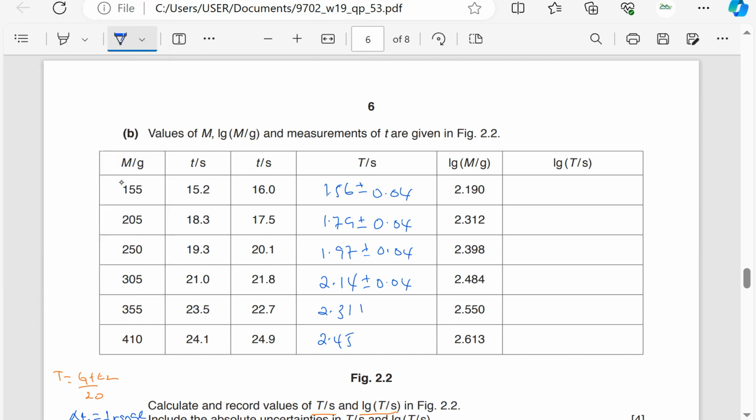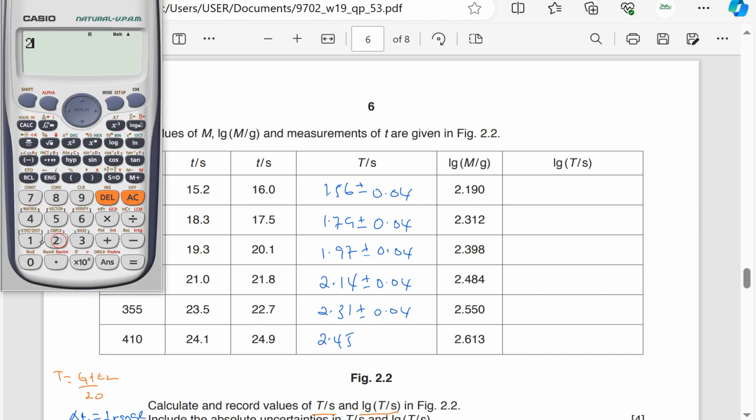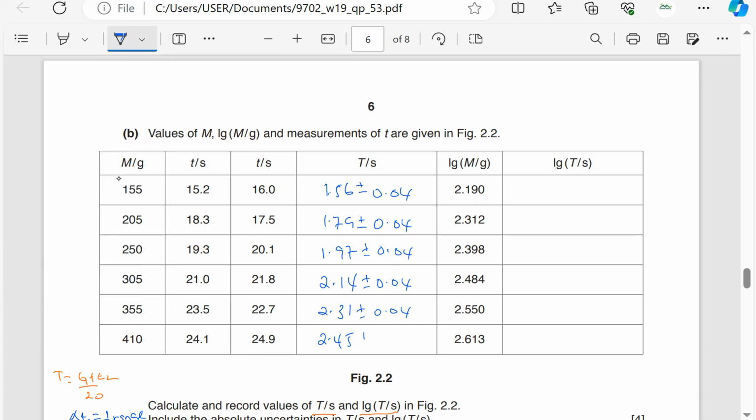It is still plus or minus 0.04. It appears as if it is the same. Then 24.1 minus 24.9 divided by 20. So this is plus or minus 0.04. So those are the absolute uncertainties there.